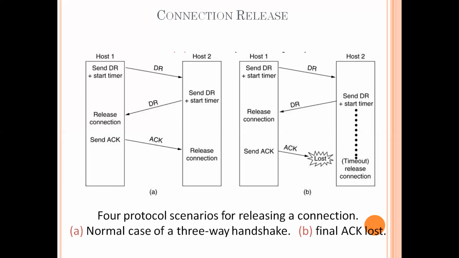In the connection release, in the first example, host 1 is sending the disconnect request to host 2 with a start timer. Then after receiving the disconnect request from host 1, host 2 again sends the disconnect request with the timer to host 1.